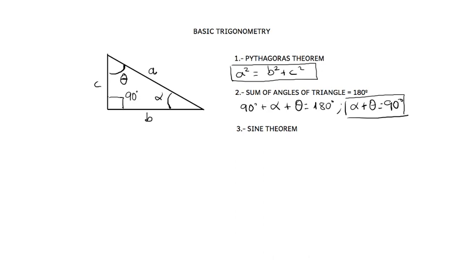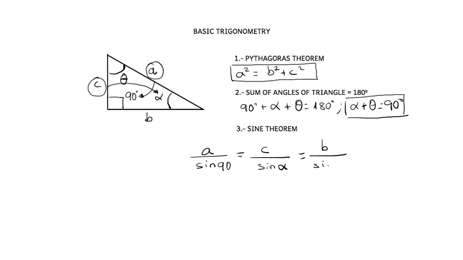And the sine theorem. The sine theorem says that any side, for example A, over the sine of the opposite angle, so in this case sine of 90 degrees, is equal to another side, let's say C, over the sine of the opposite angle, so C over sine of alpha, and is equal to the other side, B, over the sine of the opposite angle.